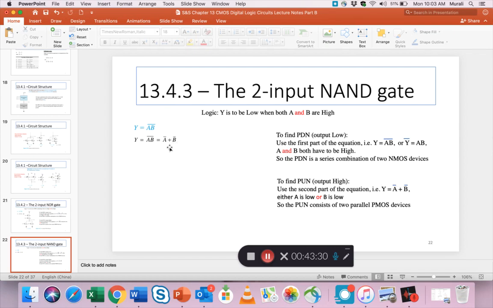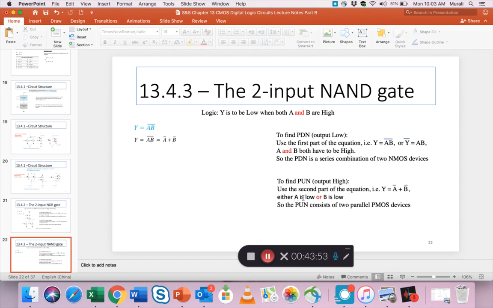So what does this equation say? The output will be high when the input A is low or the input B is low, because then these are flipped, the lows become the highs, and either this or that will give me my high output.